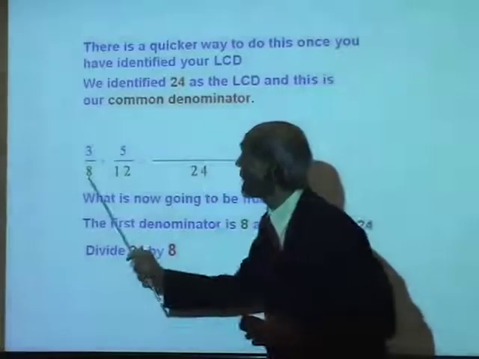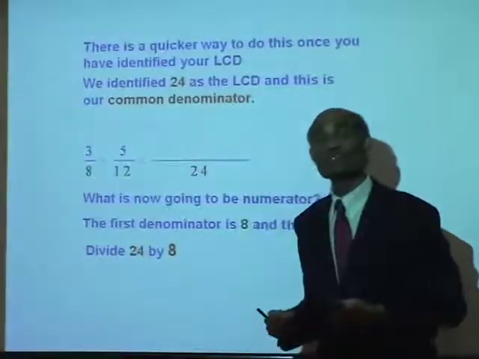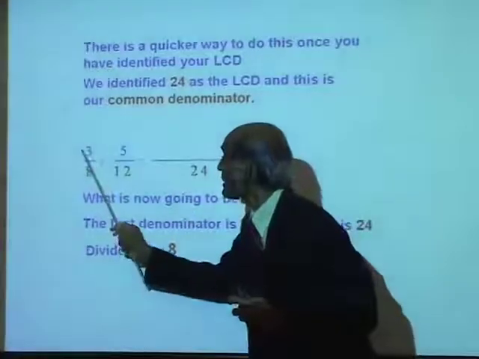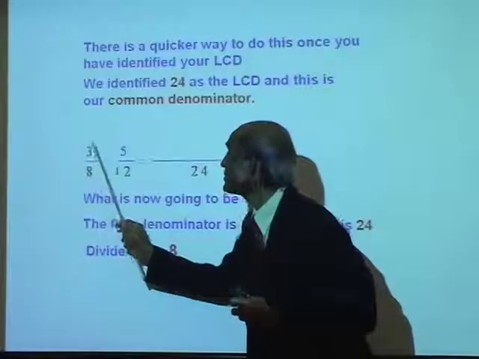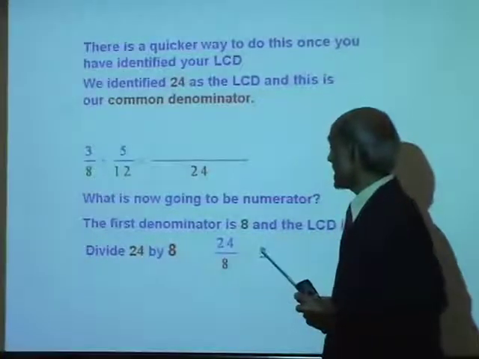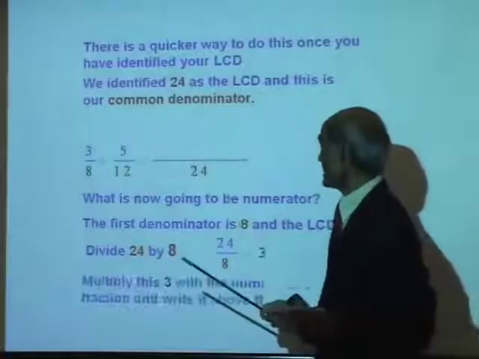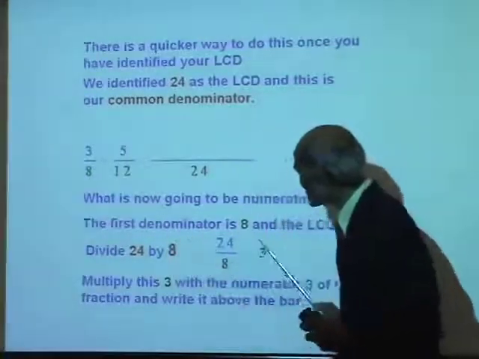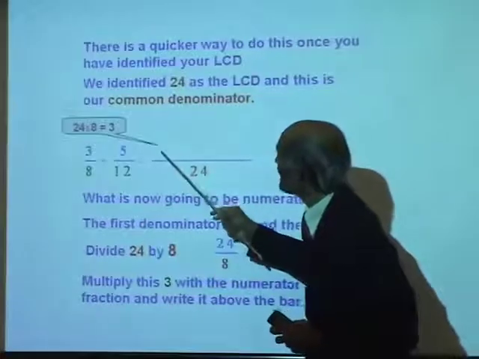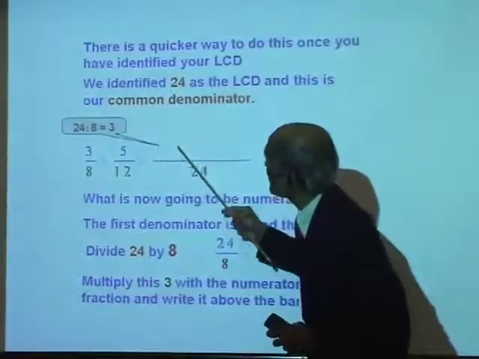Divide 24 by 8. What do you get? 3. And that 3, you multiply with that 3 on the numerator. So 24 divided by 8 equal to 3, and multiply this 3 with the numerator 3 and write that result there.